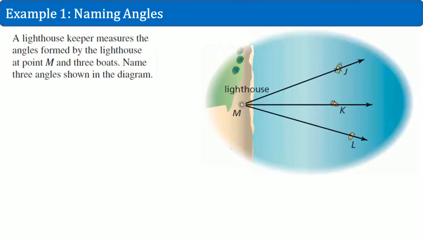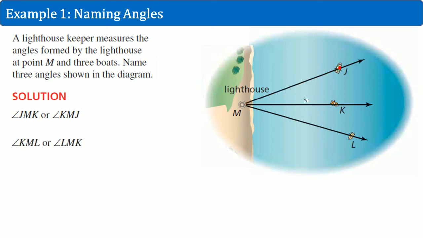So let's go over the example on how to name it. A lighthouse keeper, which is right here, which is on the vertex, measures the angle formed by the lighthouse at point M towards 3 boats. You're going to name 3 angles shown in the diagram. The first one, we could call it J, right here on this boat, JMK. That is one of them.